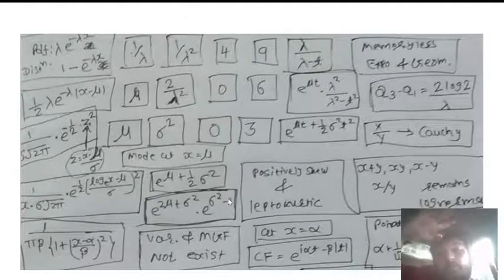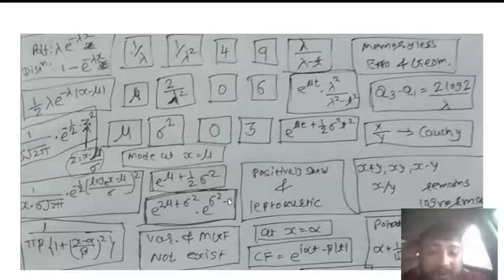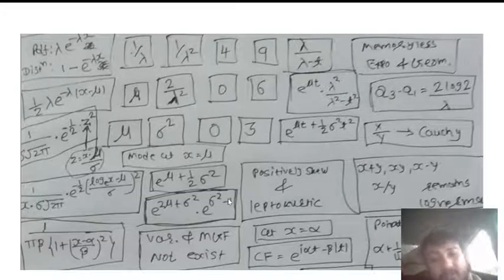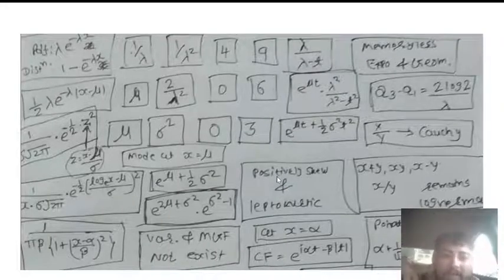Guys, that is too tricky to remember, but what to do? You have to remember that the log normal distribution is both positively skewed and leptokurtic. It is more skewed and has high kurtosis.